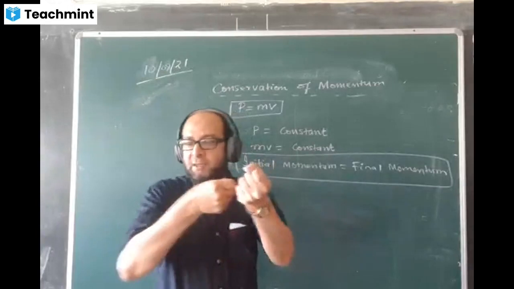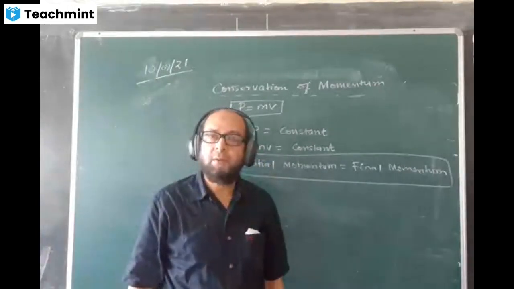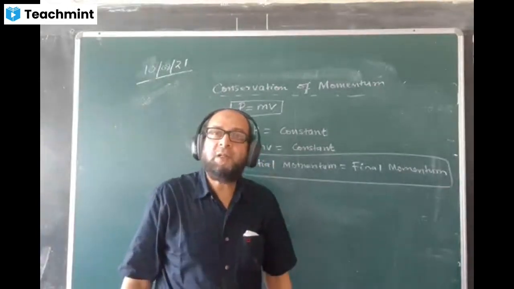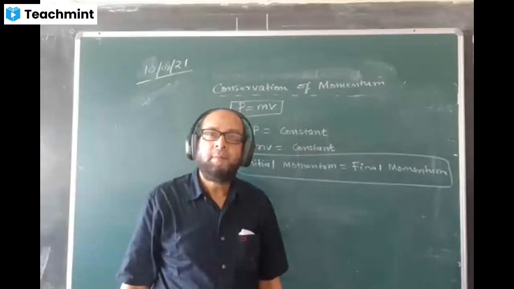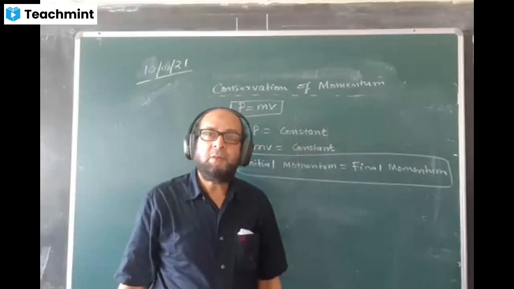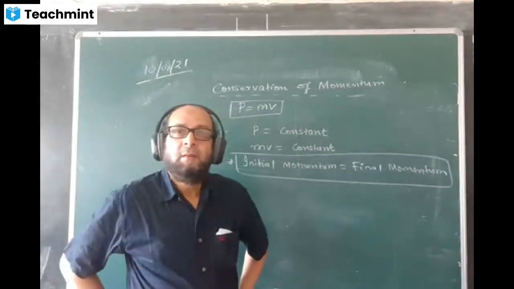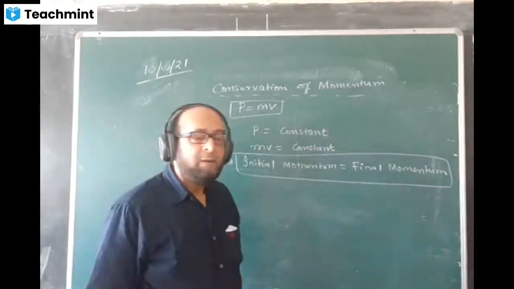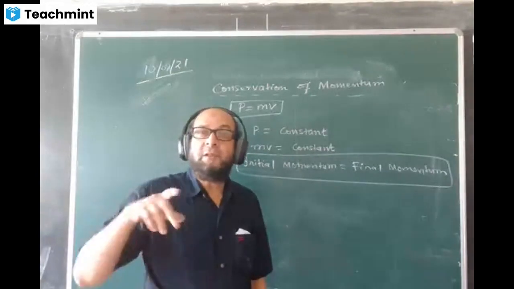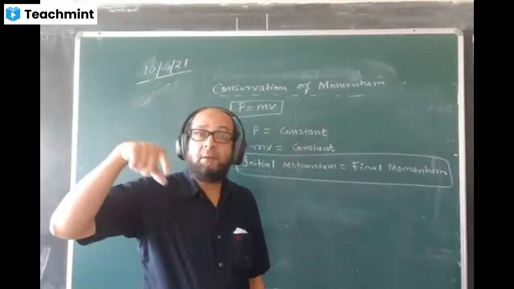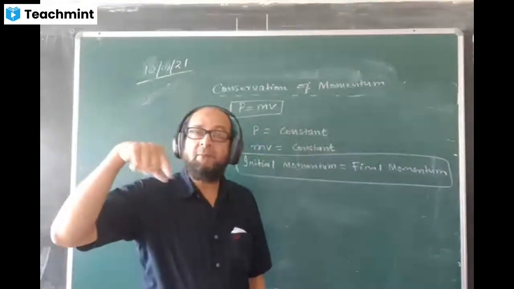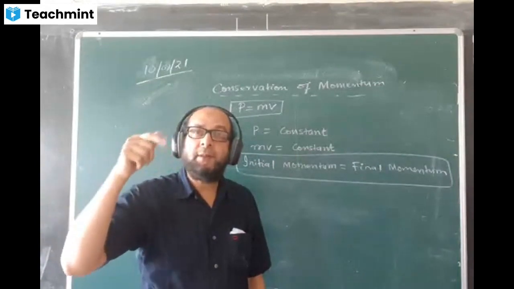Or if you are using hand, it will push your hand in the backward direction. Is it true or false? True. Okay, thank you. So, this system will follow the law of conservation of momentum.